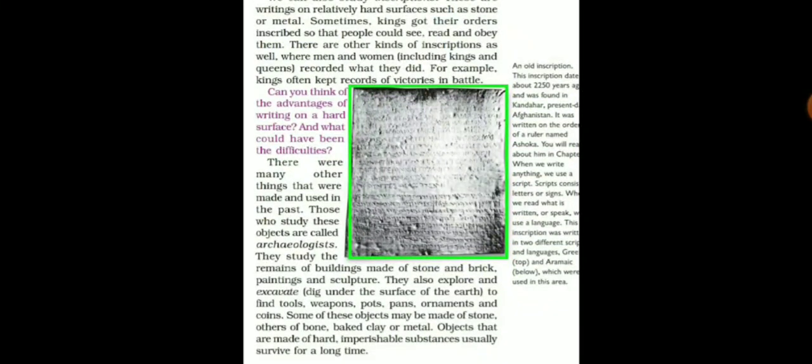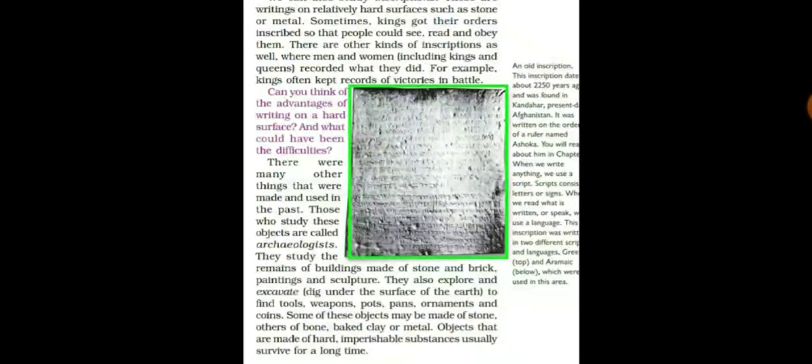Then what is it? Yes, it is also a part of inscription, that is writing on hard substances such as stone or metal. Now you can clearly say whenever you will be asked about inscription.